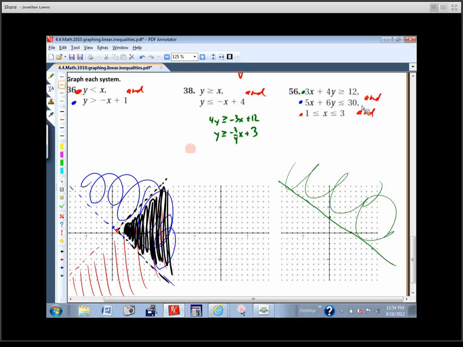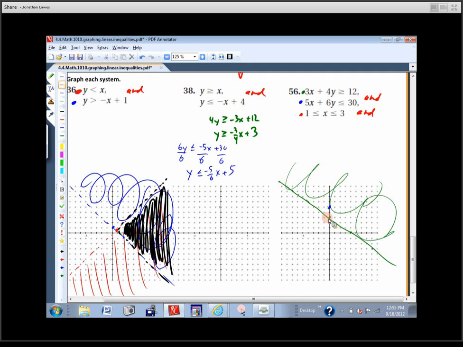If I move the 5x over to the other side, this is going to be 6y less than or equal to negative 5x plus 30. Divide by 6. Do I need to switch the direction of the inequality? Nope. Negative 5/6x plus 5. So this one crosses at 5.